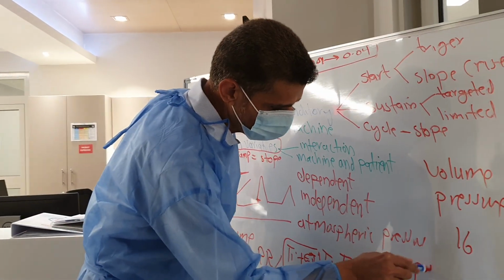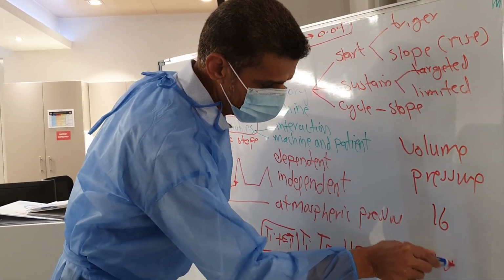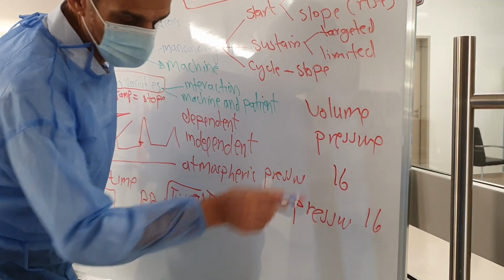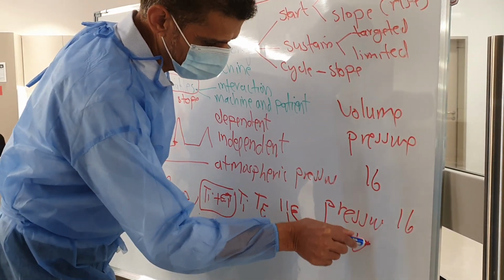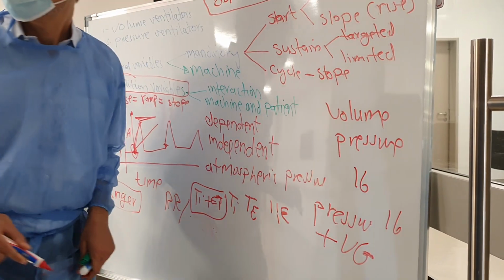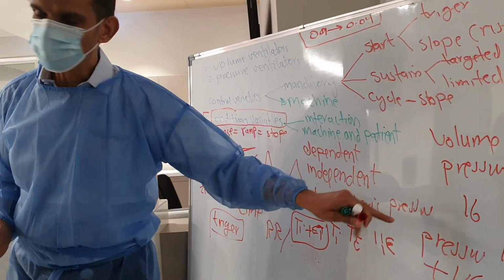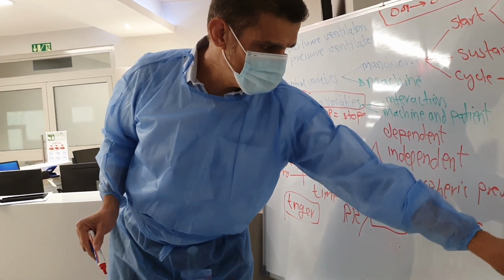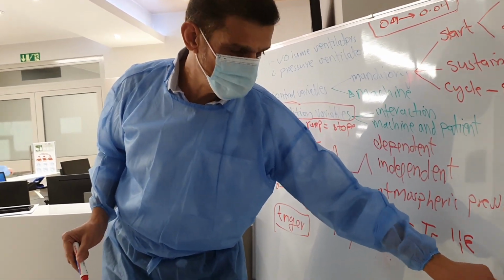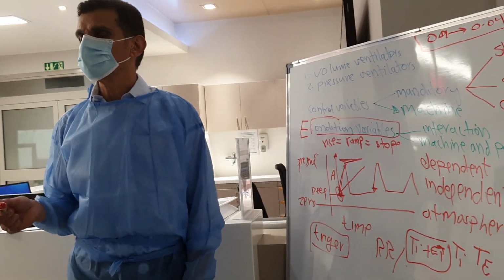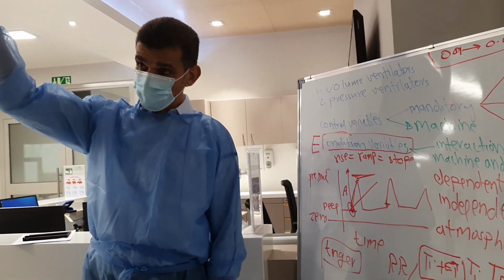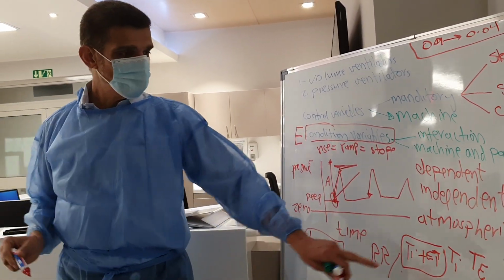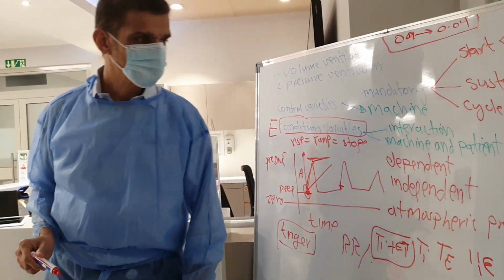Pressure limited, where I determine the PIP, for example, 16 centimeter, plus volume targeted. So give me 16, but always achieve the tidal volume. So this volume has to be guaranteed, always above the pressure needed to achieve this volume. That's why you will have the set P max, the pressure max, and the measured one.